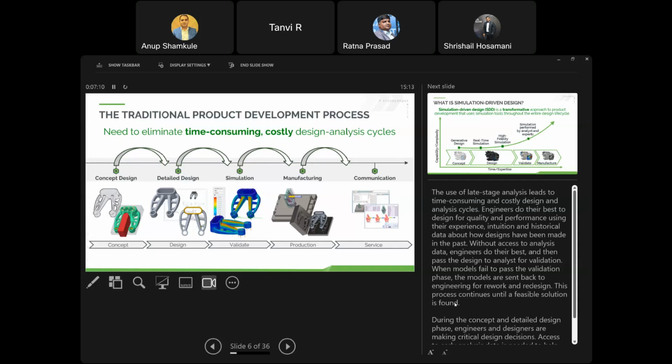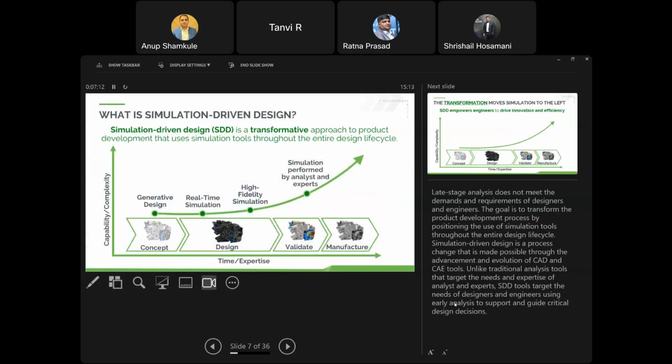When you're talking about simulation driven design, right at the concept level, when we are designing a concept, are we optimizing it, or are we designing the right concept?